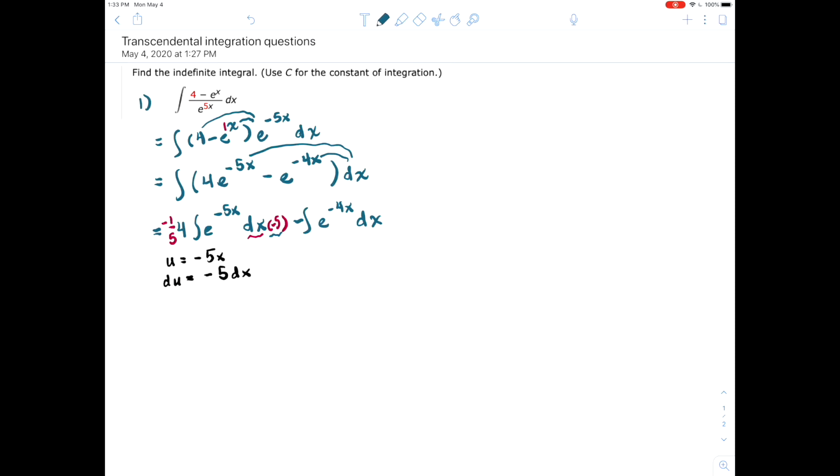The second problem, you'll have u equal to negative 4x, and so our du is equal to negative 4 dx. And so this time what we are missing is a negative 4.